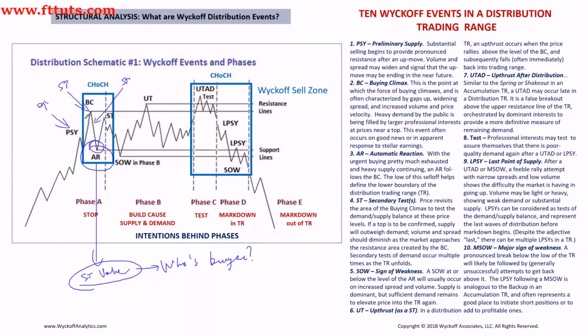But strong institutional hands would not be buyers on the change of character low in the distributional formation. Their goal and intention at this point is just to scale out, to sell. So no buying by strong hands. So weak hands are going to be buyers here.